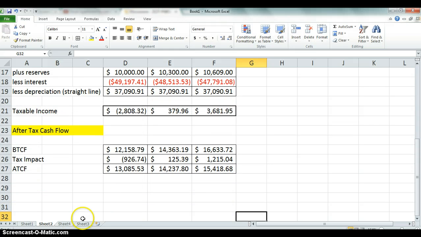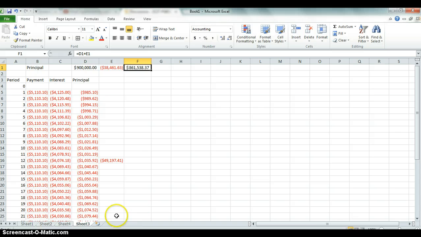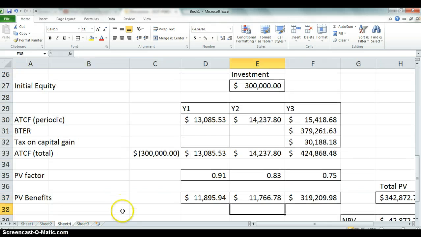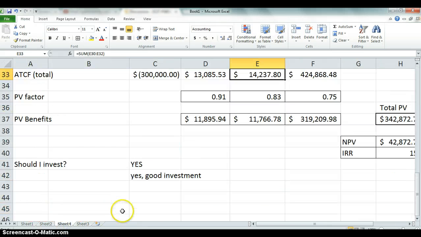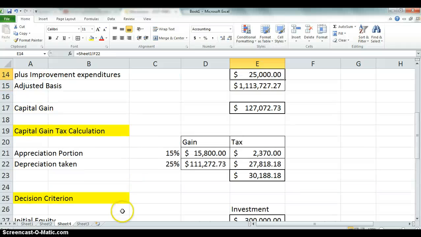So in conclusion, this is a good investment and we will invest in this small apartment.